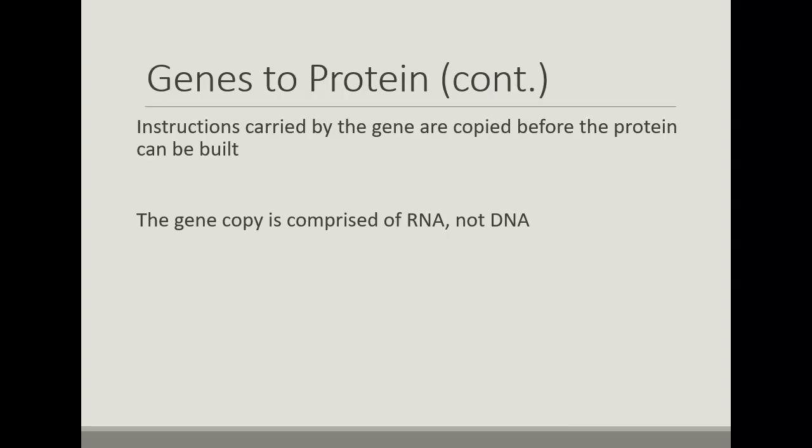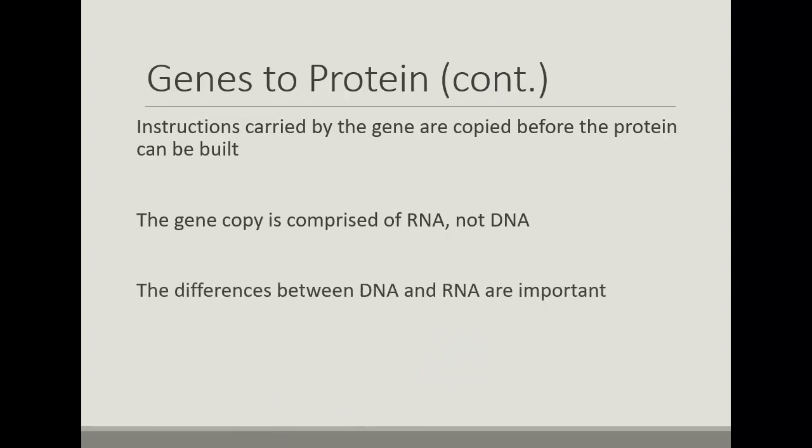Other than that, it's always housed inside that nuclear envelope. So what we need to do is make a copy of the information so we can take it out to the little workbenches. If you remember, ribosomes were those little protein workbenches where we assemble proteins. We have to take a copy of the message from the nucleus out to the ribosomes where they will be assembled. To do that, we need a new type of nucleic acid, and that is where RNA comes in.